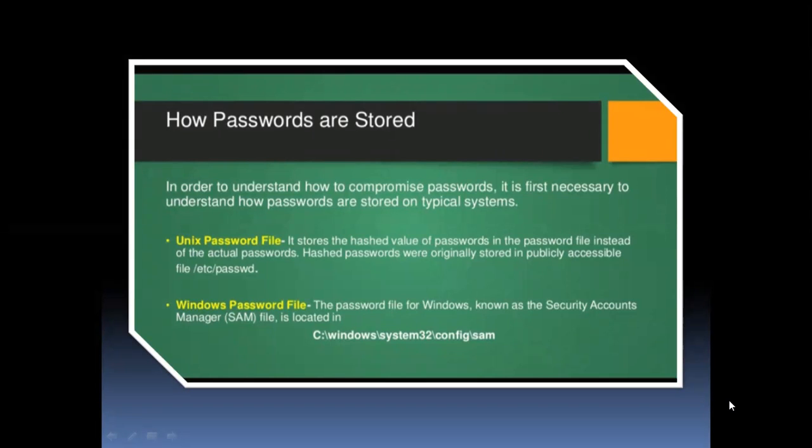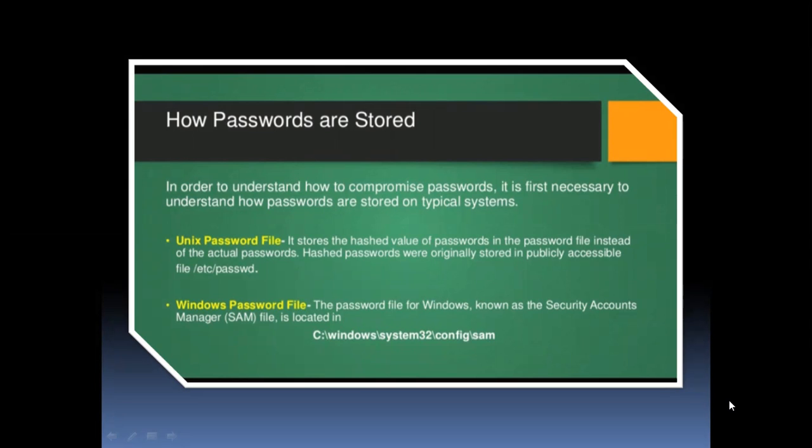The password file inside the etc folder contains the username, real name, the identification, and the basic account information for each user. Again, we have to know the Windows password file.